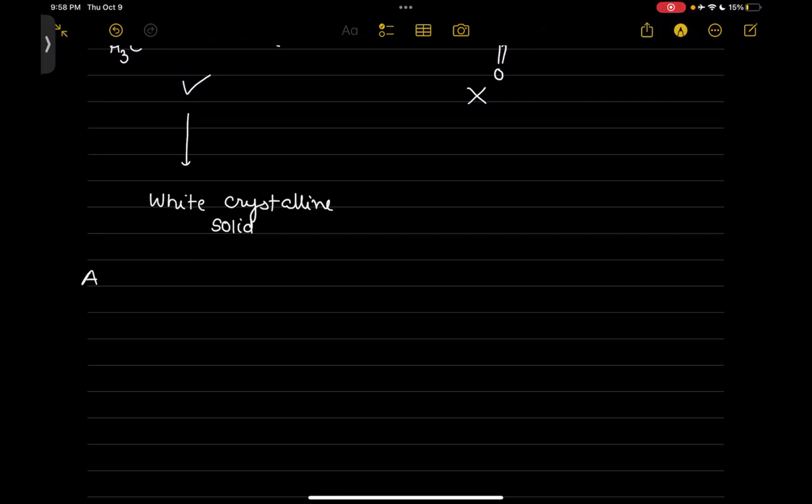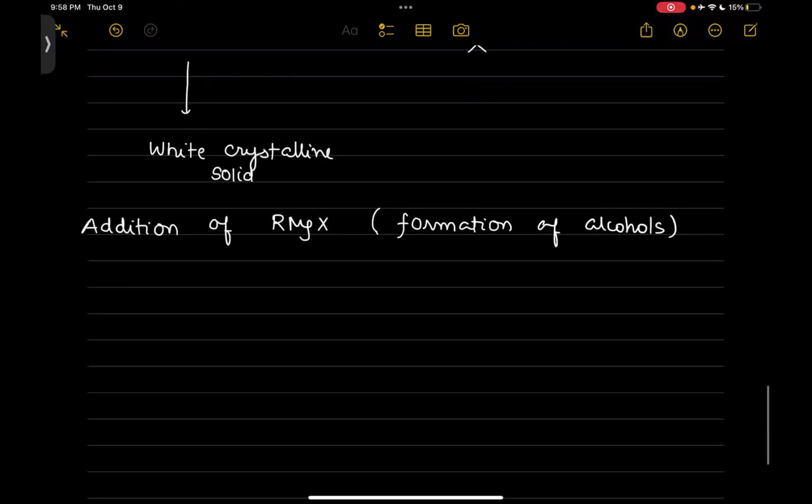Next is addition of Grignard, or formation of alcohols. This is actually the preparation of alcohols which we have already seen.